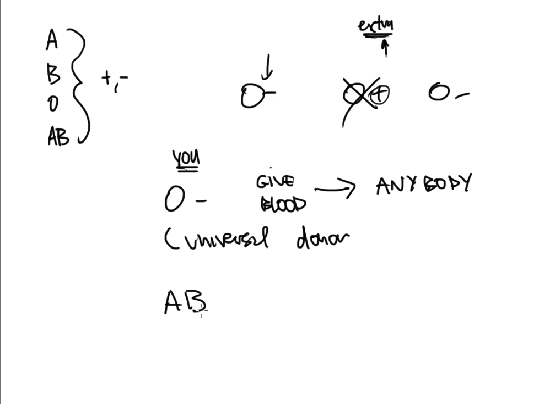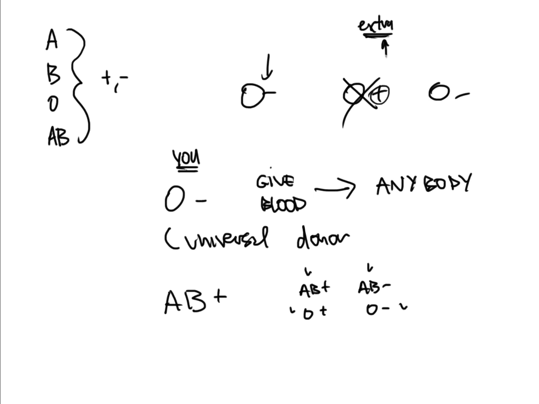If you're an AB blood, in our previous examples, we wrote down, hey, AB and AB and O, and we have two versions, positives and negatives. If you are AB positive, you can take AB positive, you can take AB negative. You can take O positive, you can take O negative.